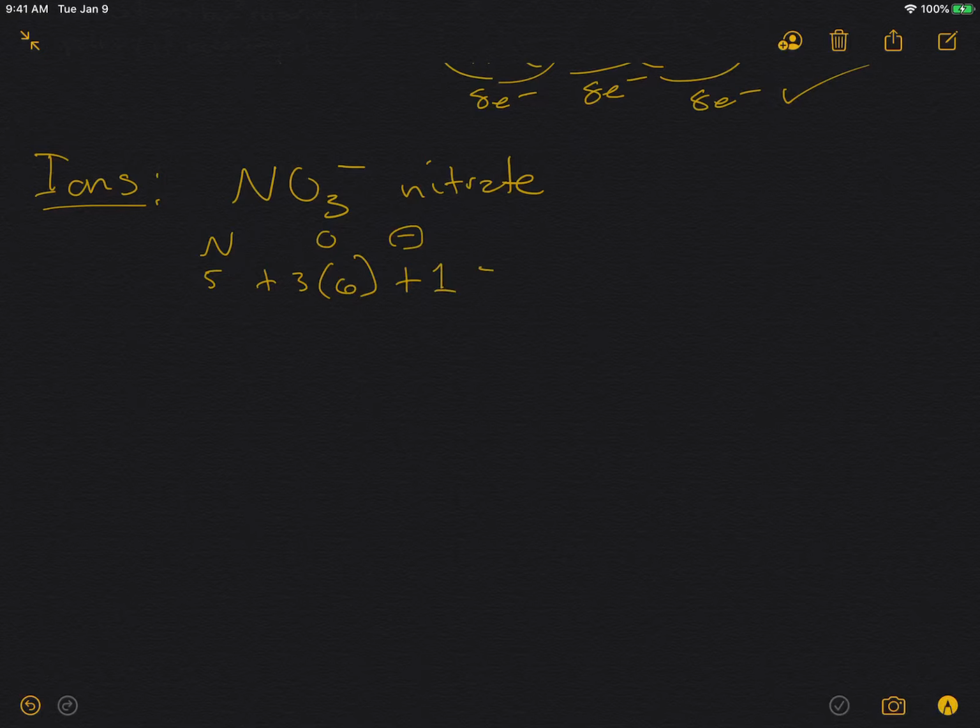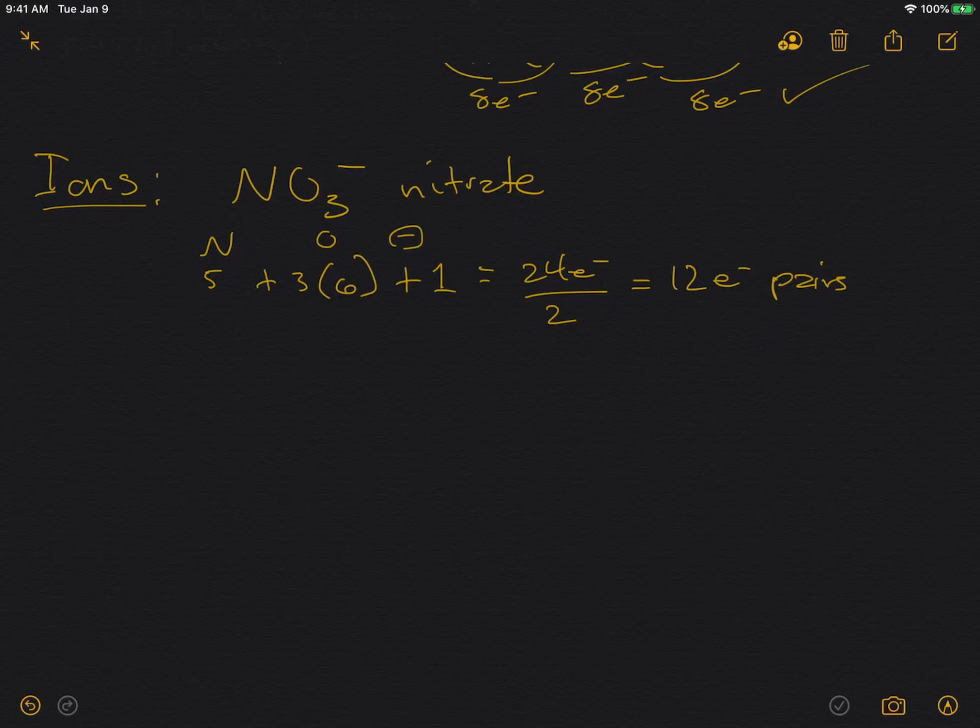So in this structure we should have 24 electrons total. If you had a positive charge, you would subtract 1 electron. Let's divide that by 2, and now we have 12 electron pairs to place in this molecule. To decide which one's the central atom, we decide which one makes the most bonds, and which one there's only one of is nitrogen.